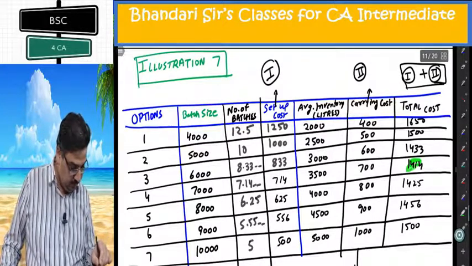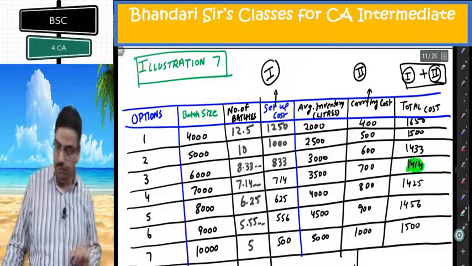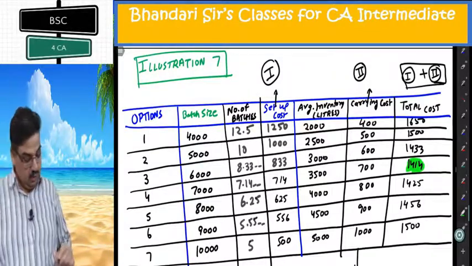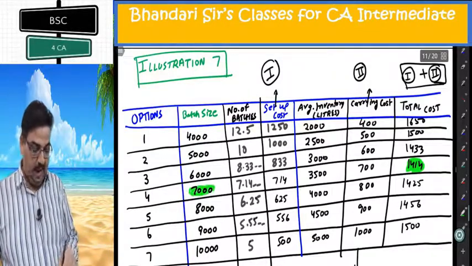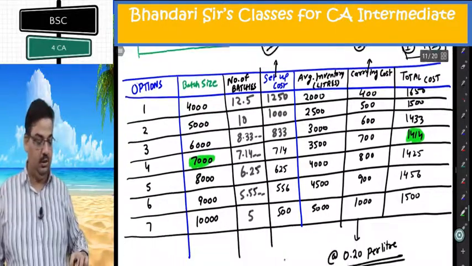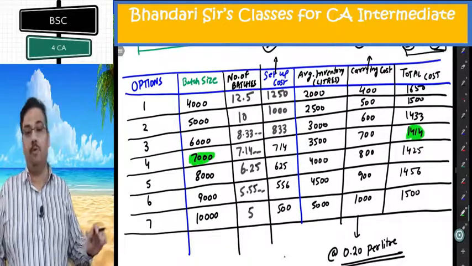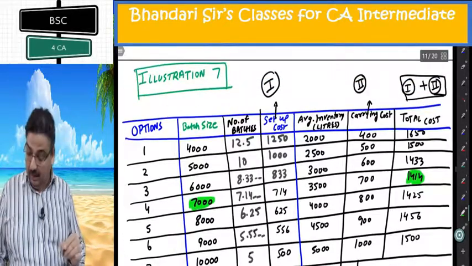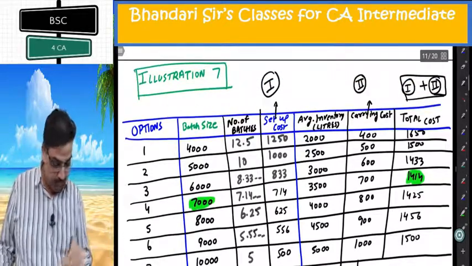Where is the minimum? Here is the minimum. 1414 is minimum. So, economic batch quantity as per the above table is 7000 units having minimum cost of 1414. This is part 1 of the question.